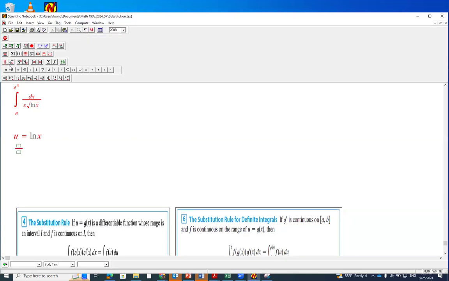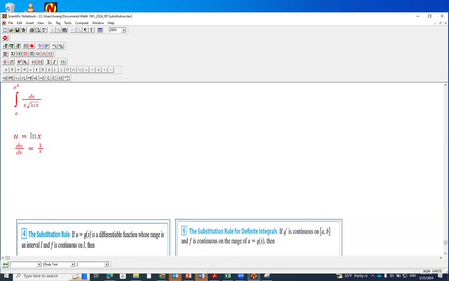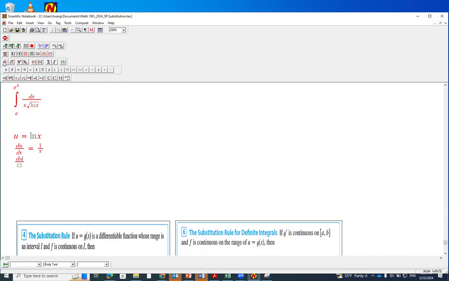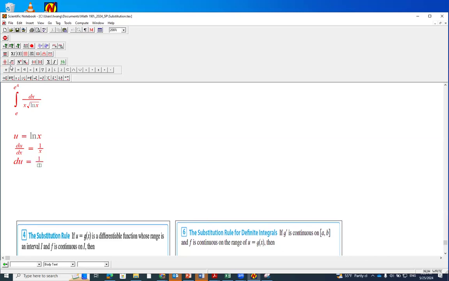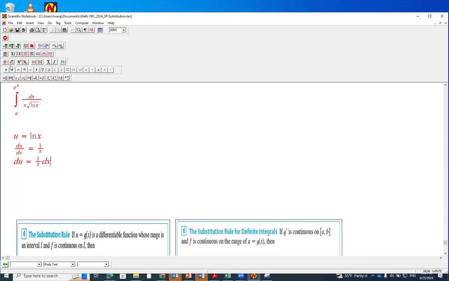So du dx is equal to 1 over x. And as a result, we know that du is equal to 1 over x dx.